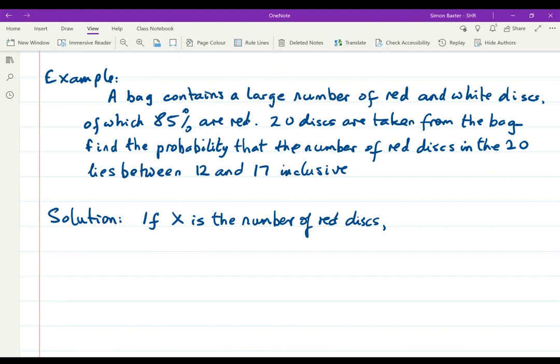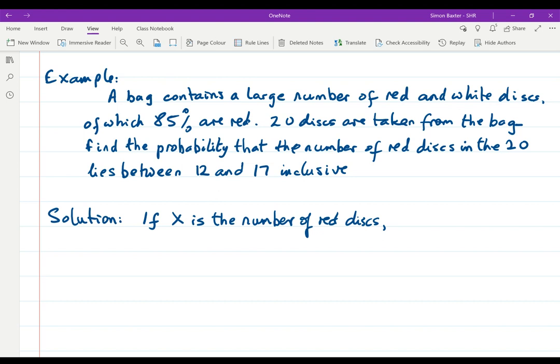Let's have a look at another example. Suppose we have a bag which contains a large number of red and white discs, and 85% of those discs are red. We take 20 discs from the bag. Find the probability that the number of red discs in those 20 discs lies between 12 and 17 inclusive.